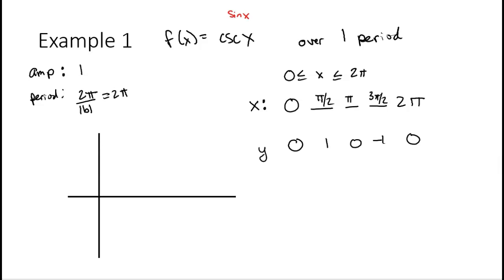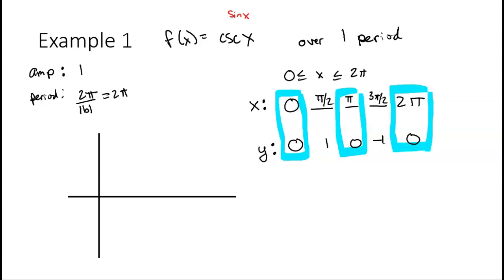So that means I'm done with y's. So it's important to notice that these guys right here, I'll highlight them. So this guy right here, this guy right here, and then this guy. First, third, and fifth. These are your vertical asymptotes. So you have 3. Your graph starts with 1 and ends with 1.